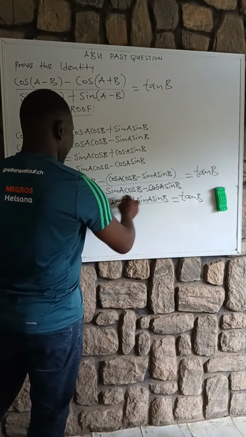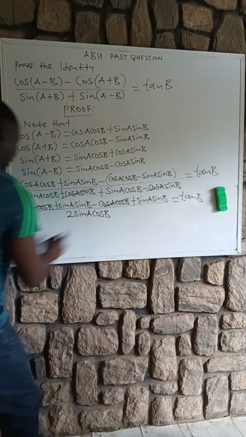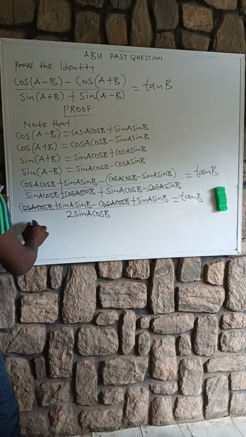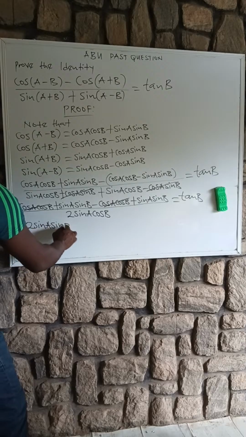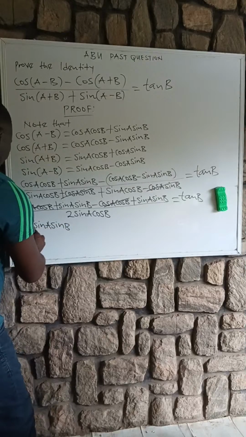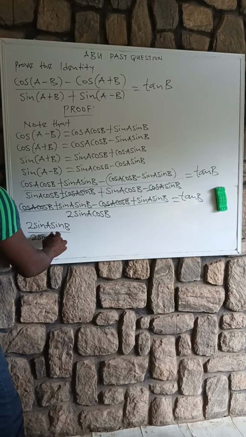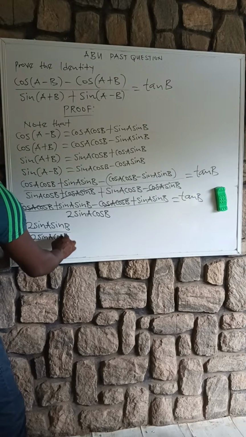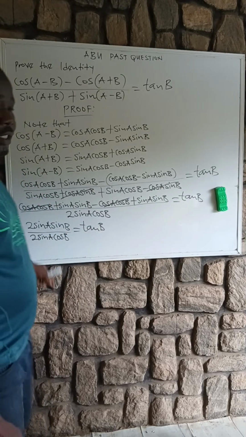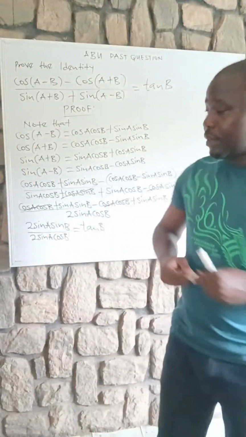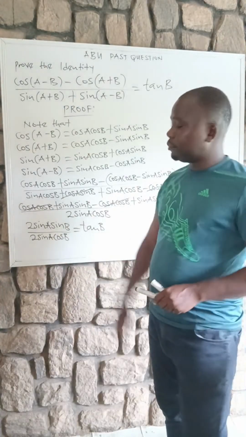This and this will go, and adding this to this, we are going to have 2 sine A sine B, then all over 2 sine A cos B equals tan B. If you can see what I am saying now, the deal has been done. Look at the board very well.